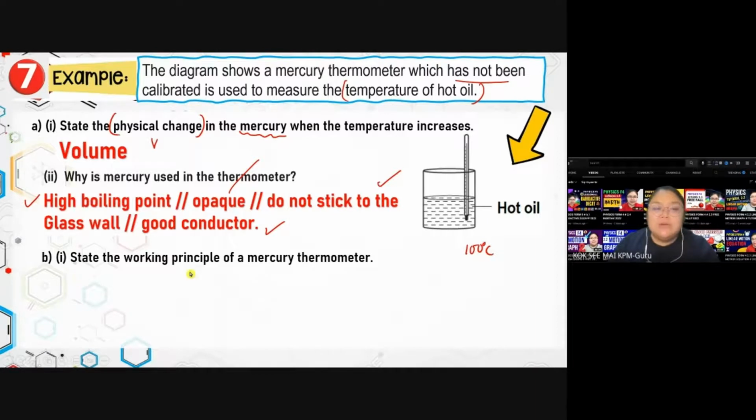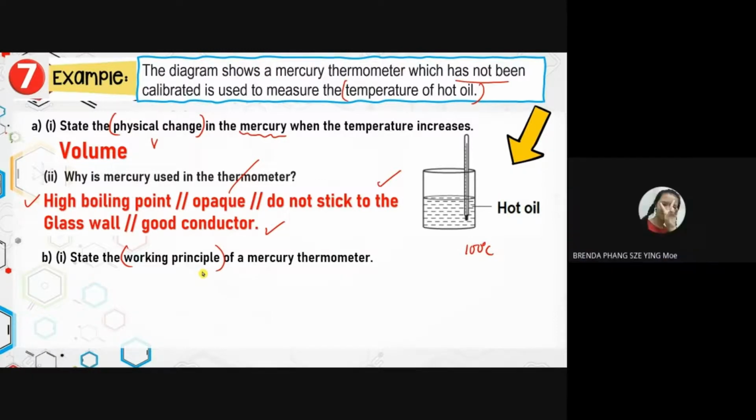Okay, now the working principle of the mercury thermometer. What principle are we using to explain the thermometer? Anybody know? Brenda, do you know what principle we are using for the thermometer?